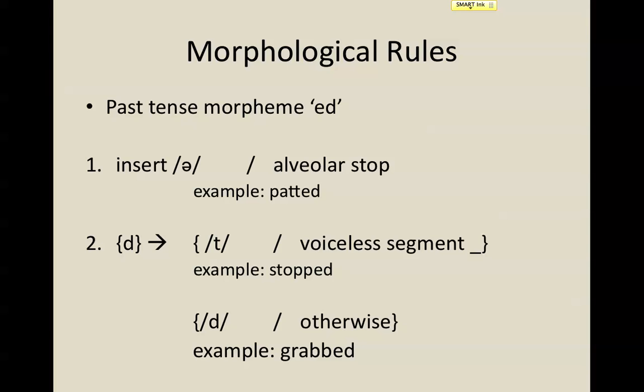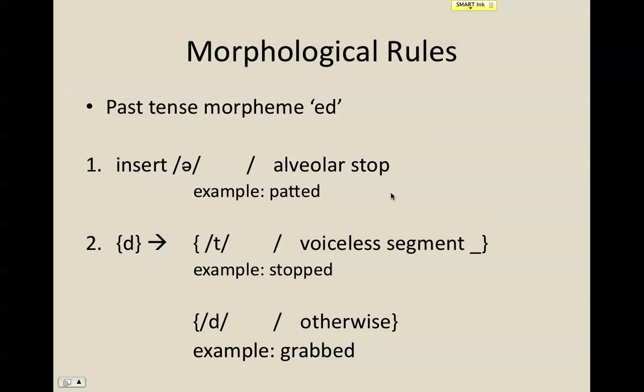So, while we were talking about phonological conditioning, I'm going to give an example here of how the morpheme conditions, how each allomorph is used, and in what environment each allomorph is used. So if we have ed, we would insert an e in the environment if it's followed by an alveolar stop.